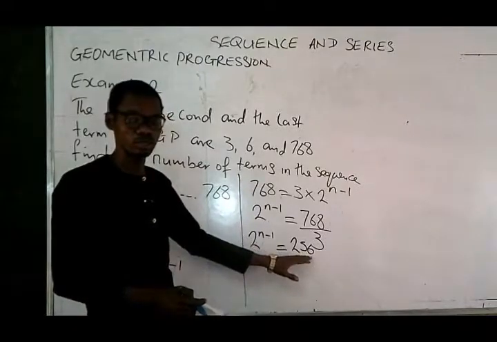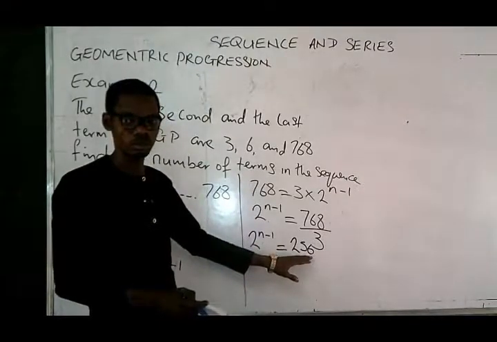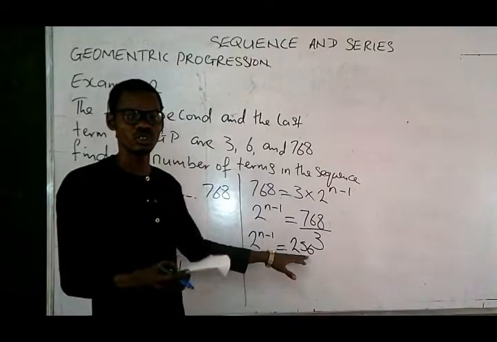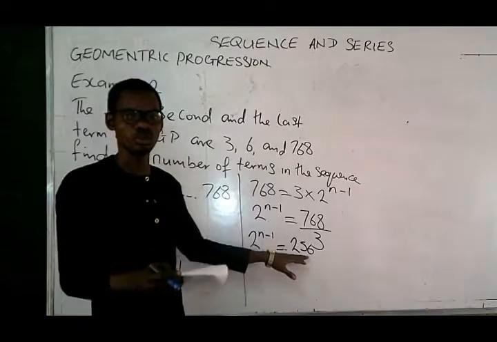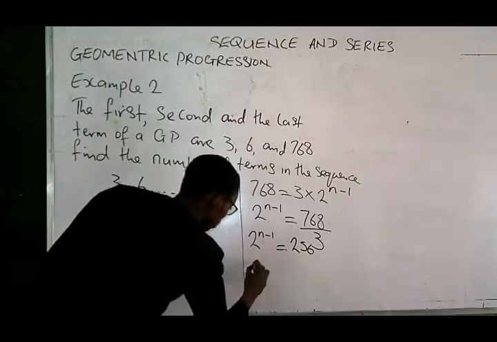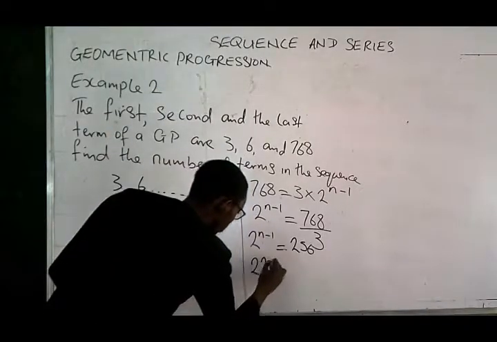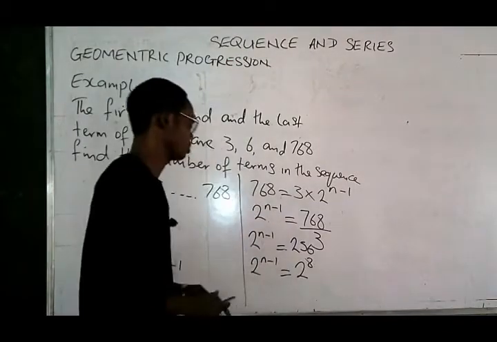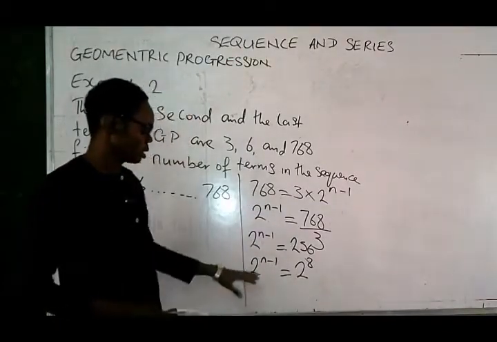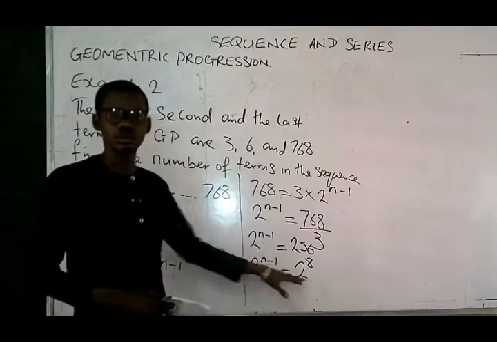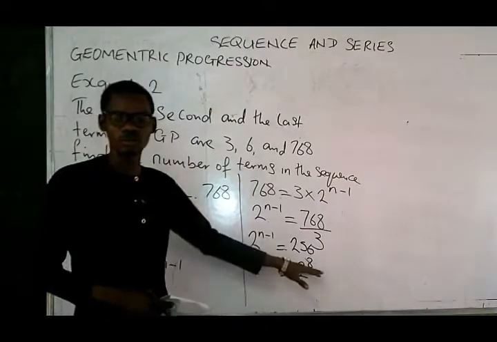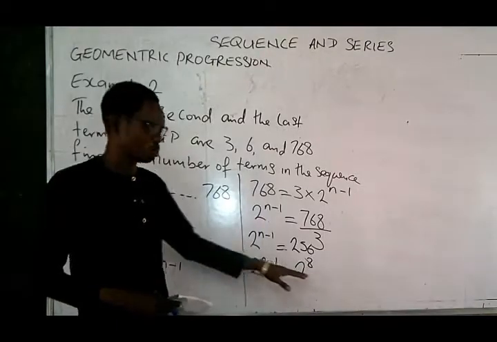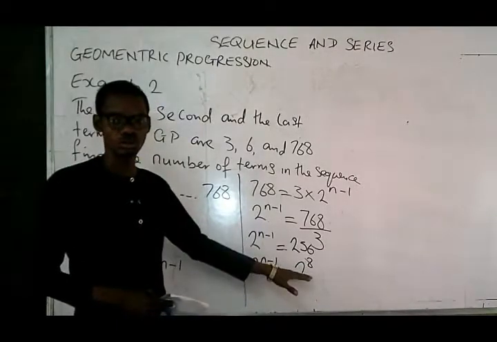This one will also be written in index form with a base of 2. 256 is 2 raised to the power 8. I will say, therefore, 2 raised to the power n minus 1 is equal to 2 raised to the power 8. Now both sides of the equation are in index form with a base of 2.